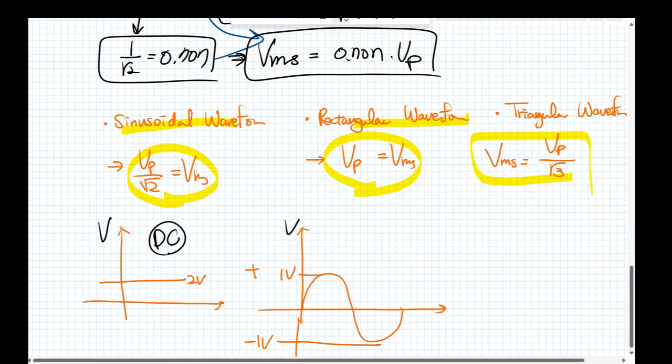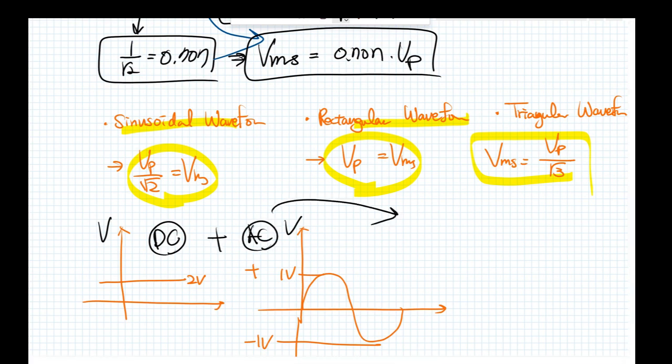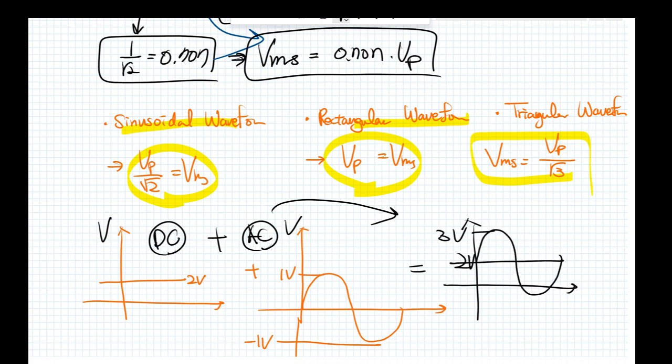That is the DC voltage, and that is the AC voltage. So for this case, we can draw 2 volts, right? Like this one, so that one goes to 3 volts, right there, and that one goes to 1 volt here, okay?